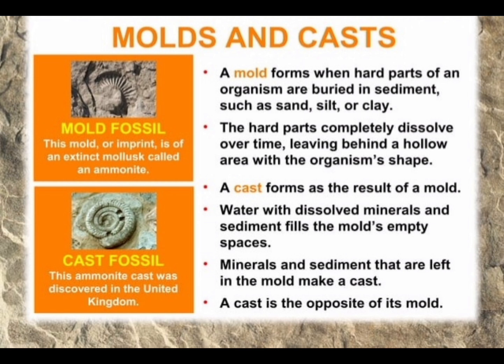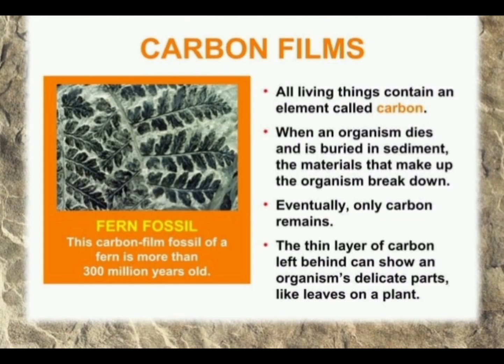Water with dissolved minerals and sediment fills the mold's empty spaces. Minerals and sediment that are left in the mold make a cast. A cast is the opposite of its mold. This mold fossil, also called an imprint, is of an extinct mollusk called an ammonite.